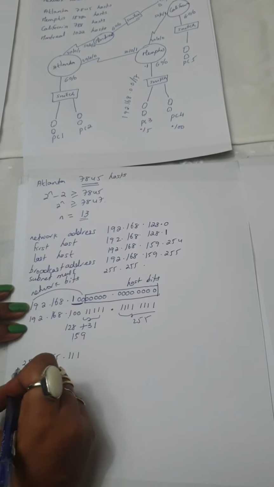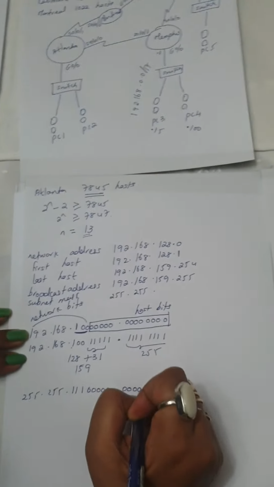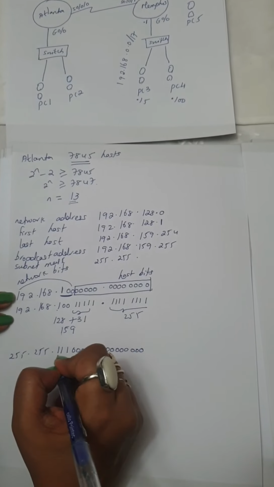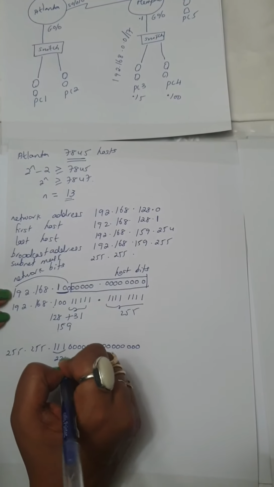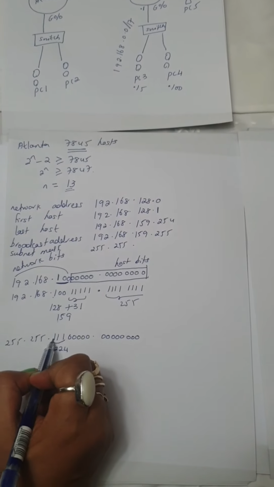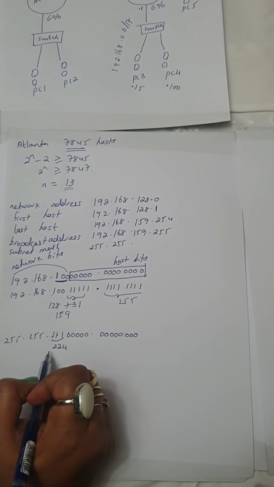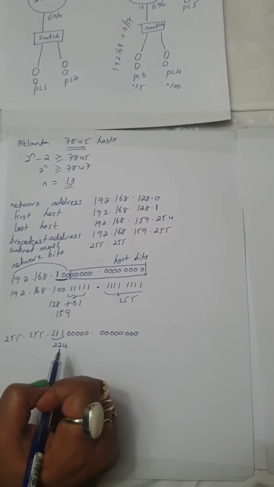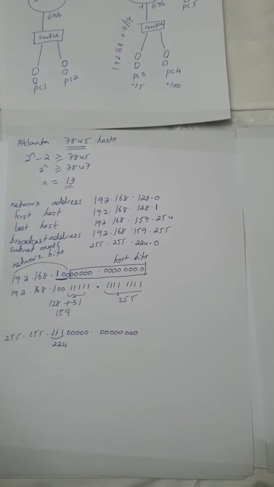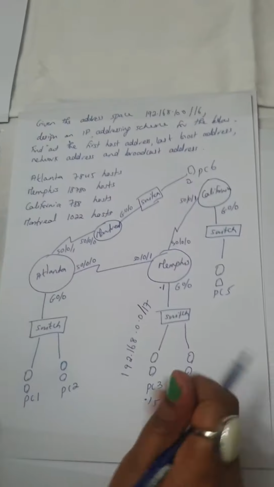So this is my subnet mask, and these 3 bits come to 224, because 2 power 7 is 128 plus 64 plus 32, which gives me 224. So 224.0. Now we are done with Atlanta. Let me show you here.